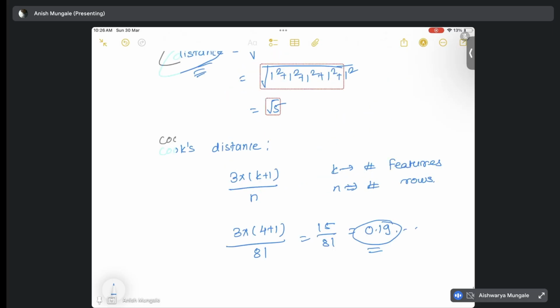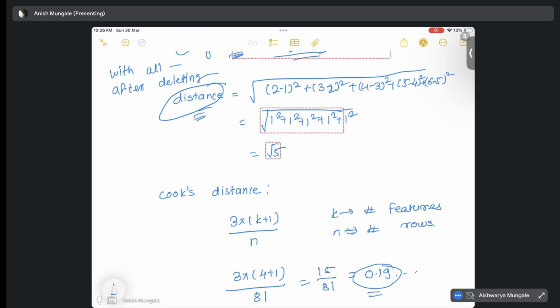If the distance is more than this value, then it's an outlier. Okay, understood? Any doubt in this theory?